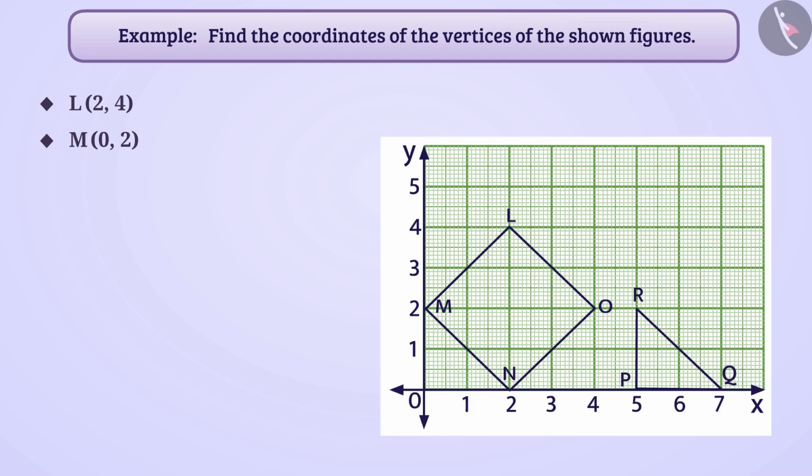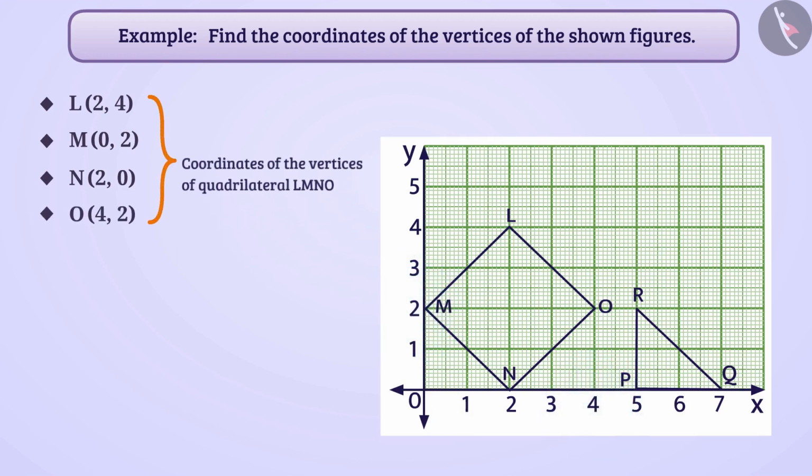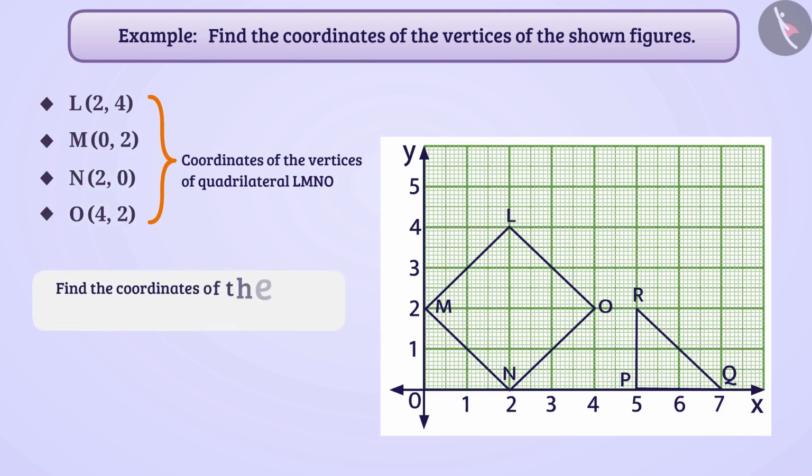Hence, the coordinates of the vertex N are (2, 0). Similarly, the coordinates of vertex O are (4, 2). We can say that the vertices of quadrilateral LMNO have coordinates (2, 4), (0, 2), (2, 0) and (4, 2). Now, find the coordinates of the vertices of triangle PQR by yourself.